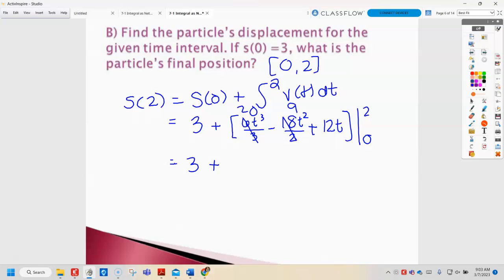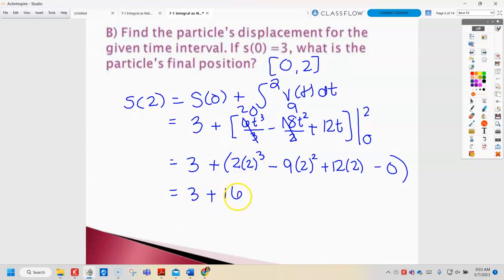Okay? So we have 2 times 2 cubed minus 9 times 2 squared plus 12 times 2 minus 0. 2 cubed is 8, 8 times 2 is 16. 2 squared is 4, 4 times 9 is 36. And 2 times 12 is 24.